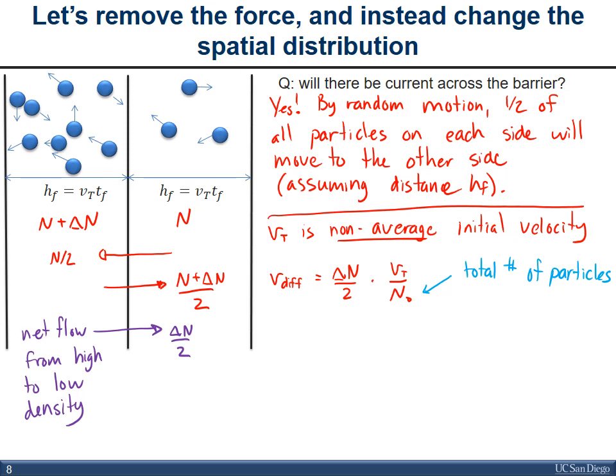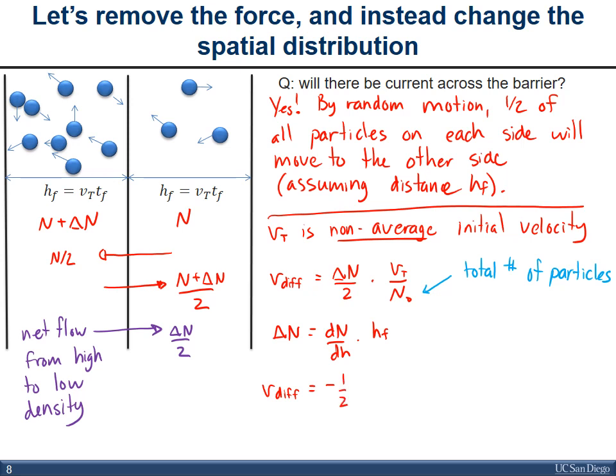Okay, so I guess in this specific example it would be 2n plus delta n. Then what we can do is say delta n is equal to dn/dh times h sub f, and we can say v diffusion is going to be minus 1/2.